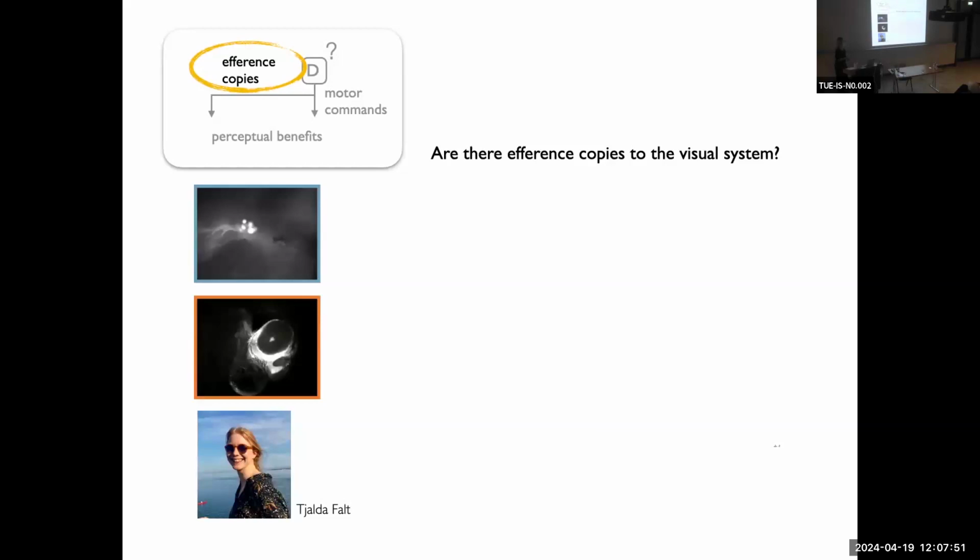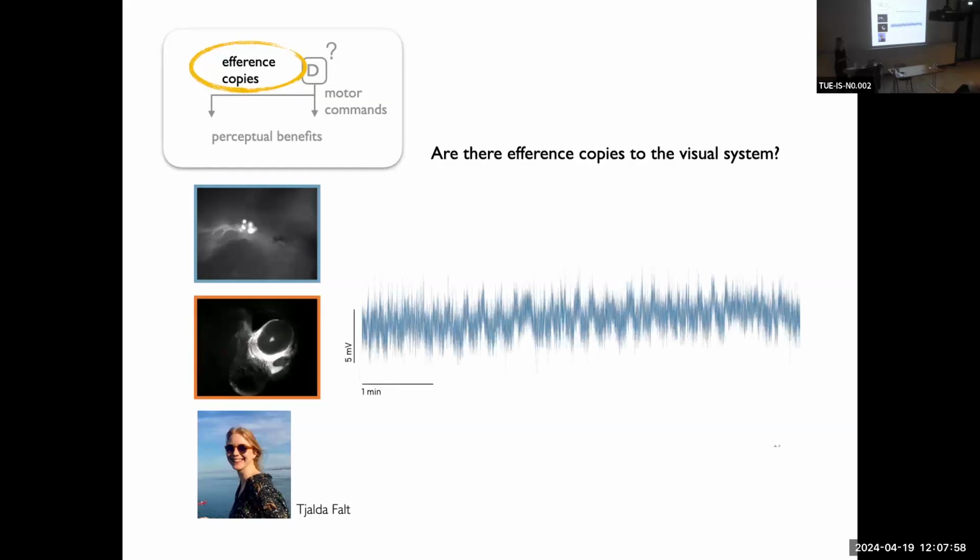And she, this is Tialda. Those are the flies with the deep pseudopupil and the lobula plate tangential cells. And this is a recording, for example, of an HSN cell in darkness. And again, you should have expected a flat baseline. But what we see are these fluctuations that at least qualitatively seem to correlate with retinal position changes.